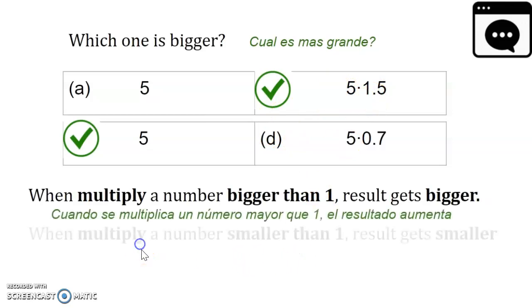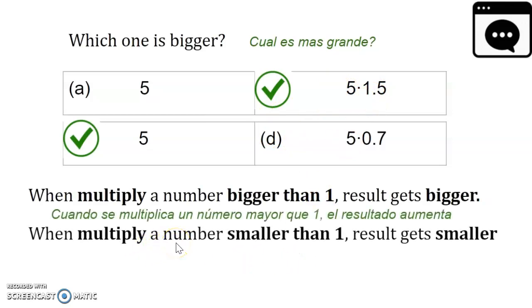However, if you multiply by a number that is smaller than 1, like 0.7, the number is going to get smaller. So 1 is the cutoff point. If you multiply by a number that is bigger than 1, then the number is going to get bigger. If you multiply by a number that is smaller than 1, the numbers are going to get smaller.